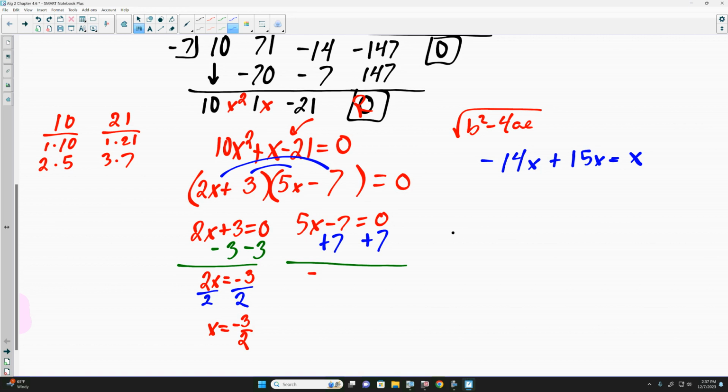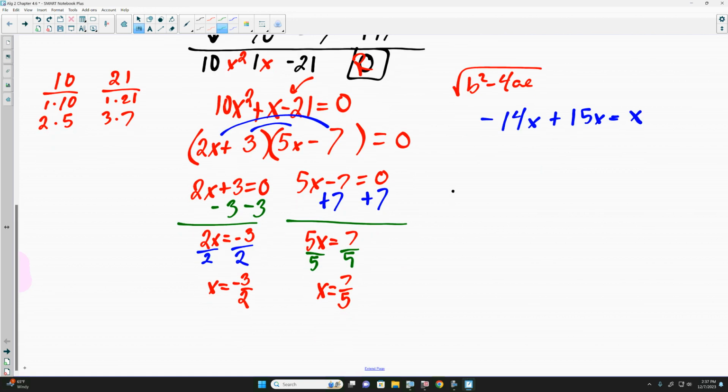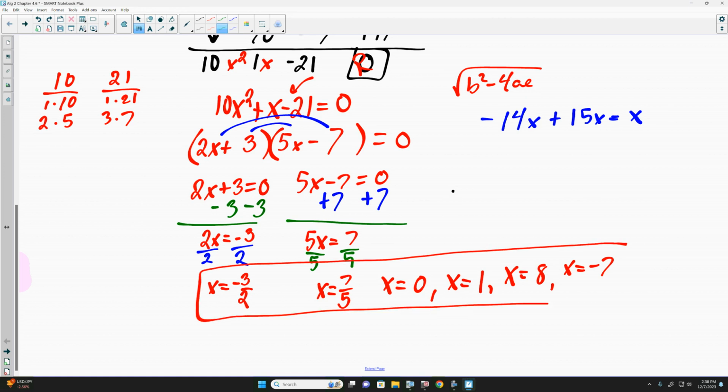Add 7 to both sides. Divide by 5. x is 7/5. We also have x is 0, x is 1, x is 8, and x is -7. So all those are our solutions there.